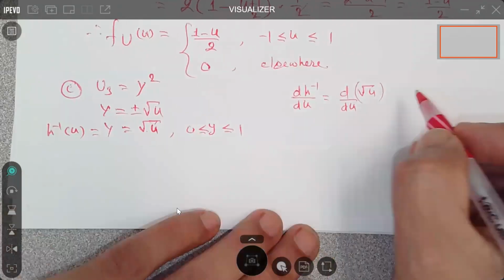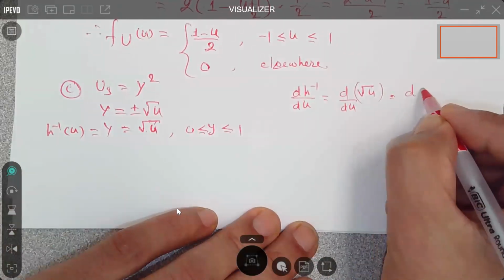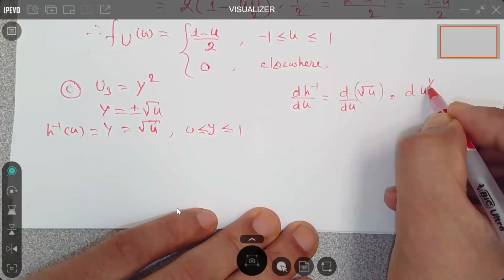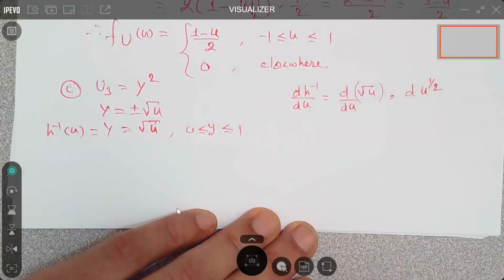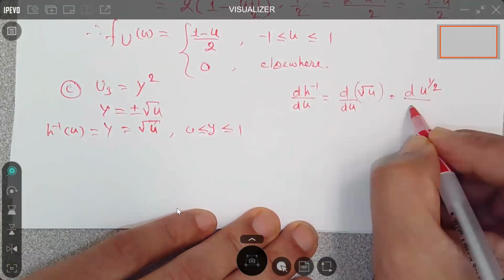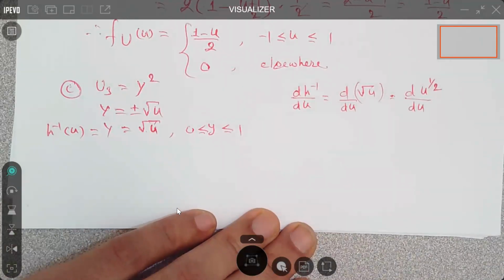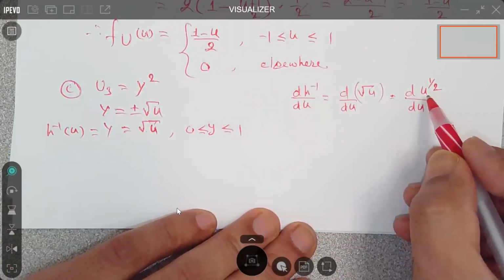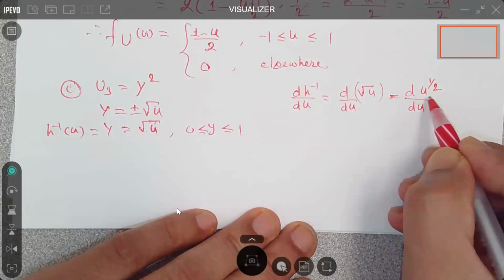You see, now this is equal to what? Square root of u, that is u to the exponent 1 over 2, for the square root. Now you just apply the differentiation rule.